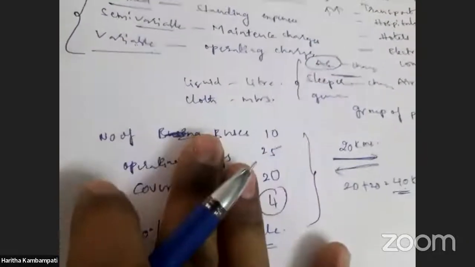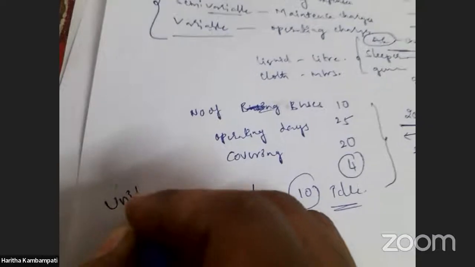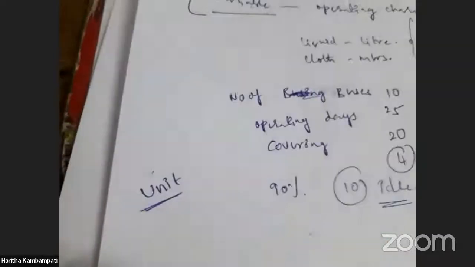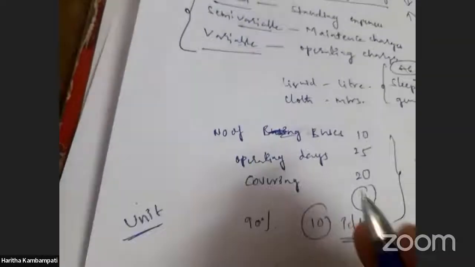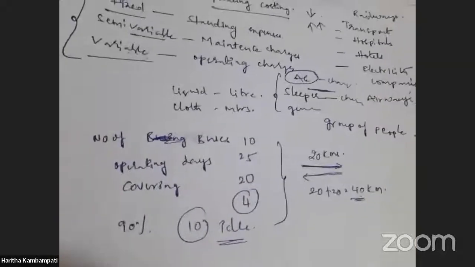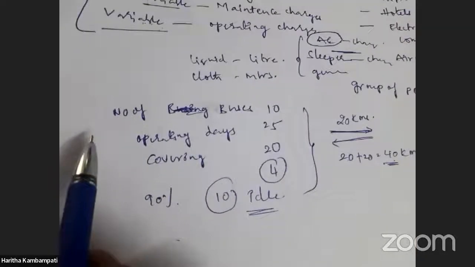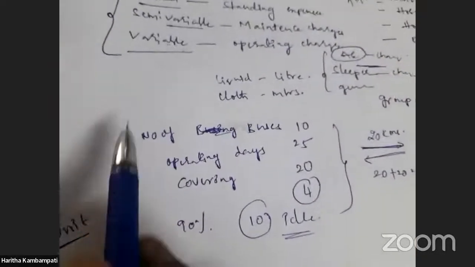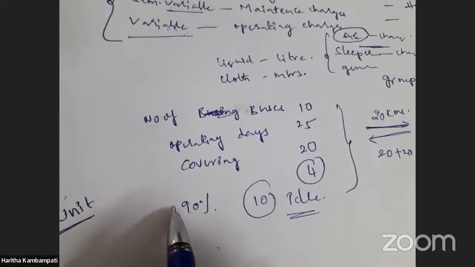Why we need to calculate passenger kilometer: it is a cost unit for transport companies. For this, first of all, we need to find out the total number of passenger kilometers.